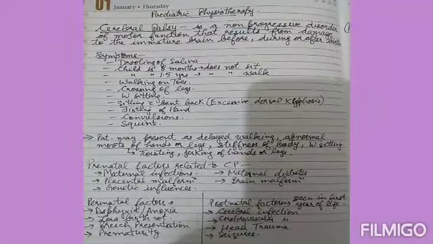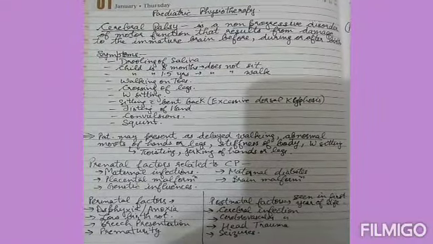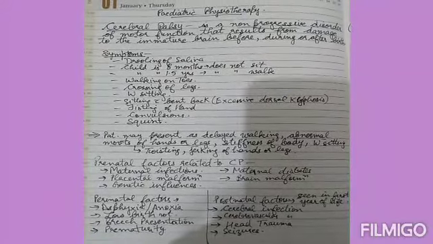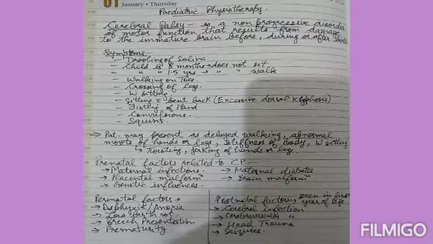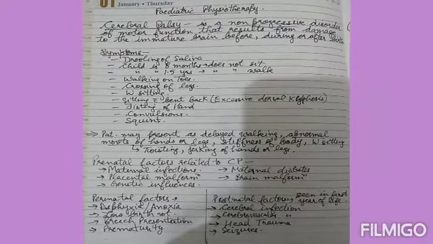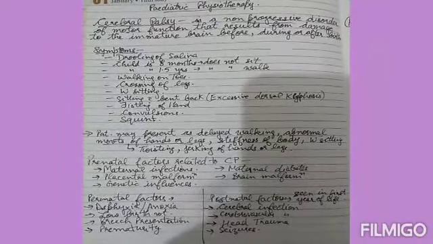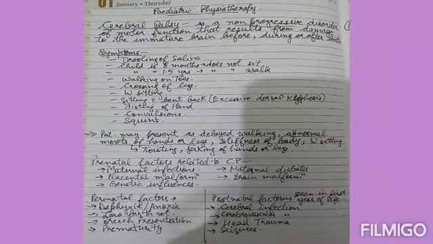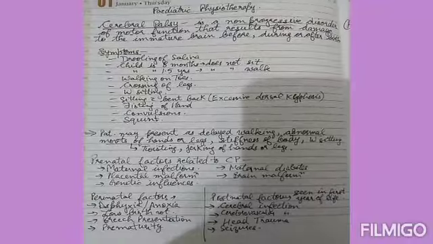Now, the basic symptoms a cerebral palsy child will be showing: there could be drooling of saliva, there will be delayed milestones, like if the child is 8 months old, he is not able to sit yet. So all the milestones are achieved either late or not achieved at all.